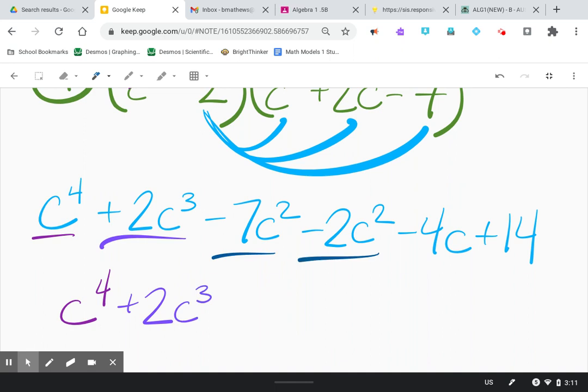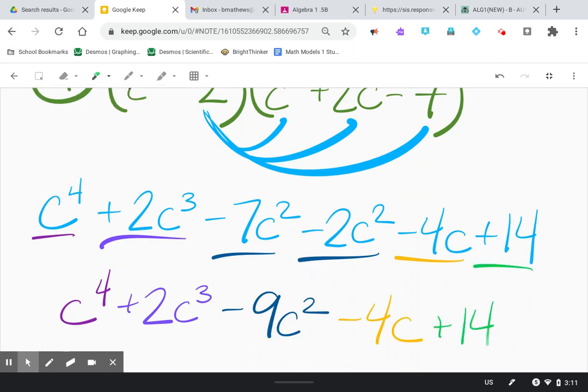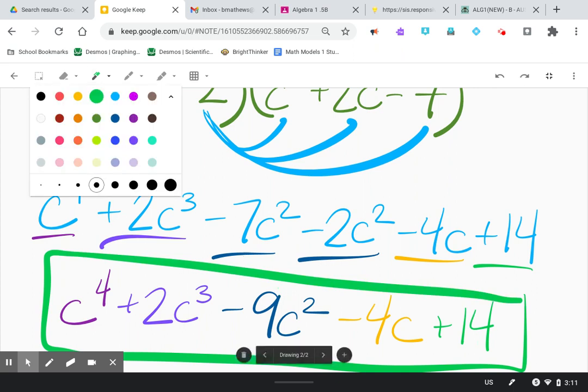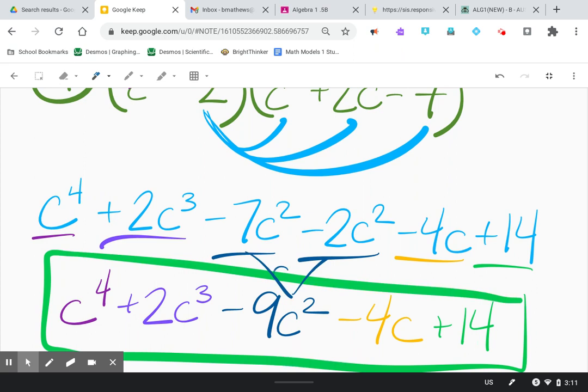I do have negative 7C squared and negative 2C squared, which is going to make negative 9C squared. Minus 4C is by itself. And so is 14. And that would be the final answer. So in that case, only those 2 terms in the middle actually did combine like terms to get there.